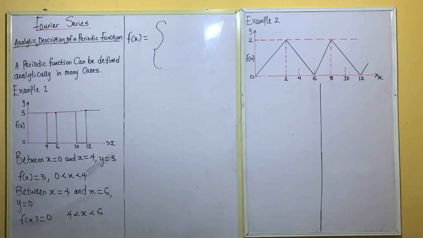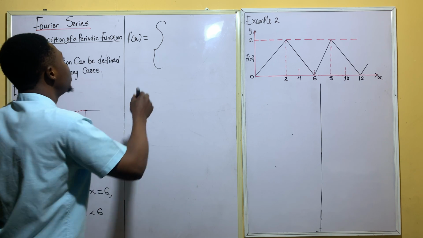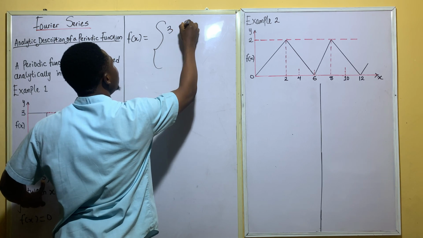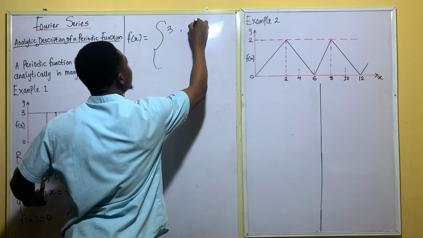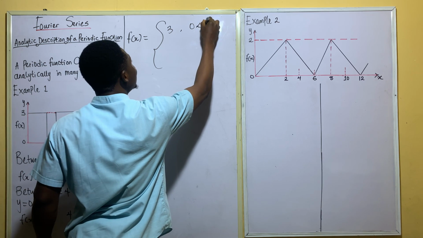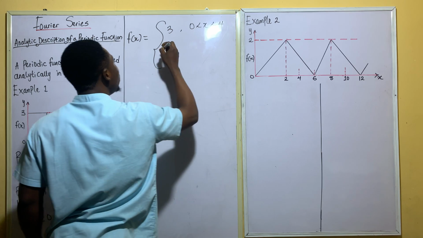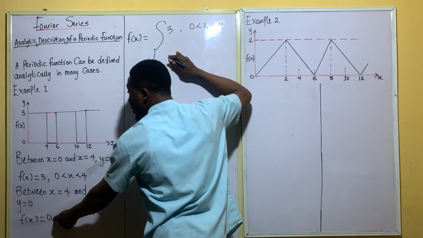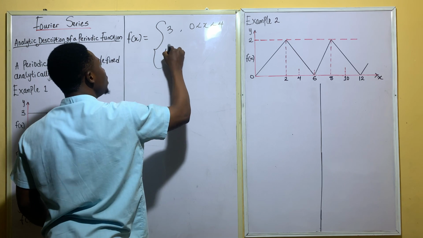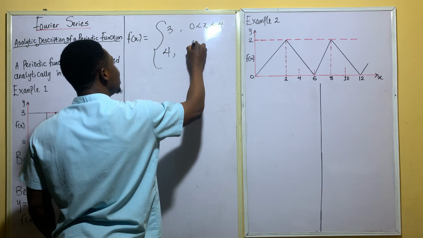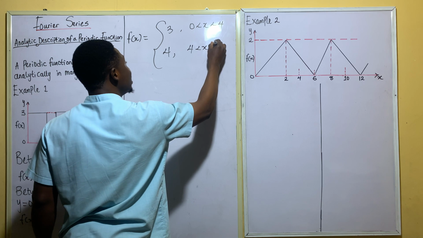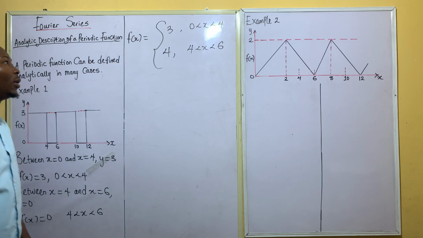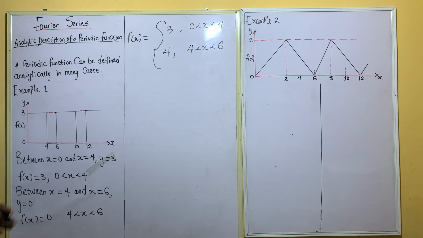So when our f of x is 3, it's going to be between the values of 0 is less than x is less than 4. And when our f of x is 0, that's here, it's going to be between 4 is less than x is less than 6. All right? So this is going to be our f of x.